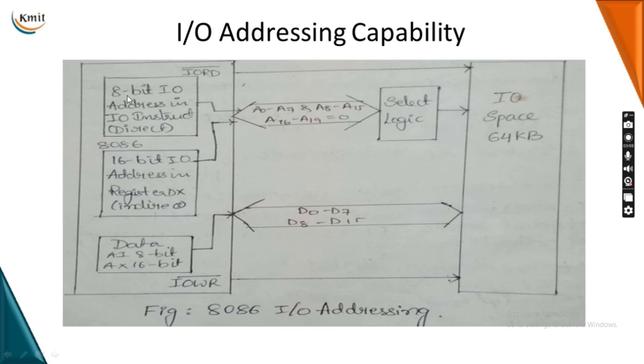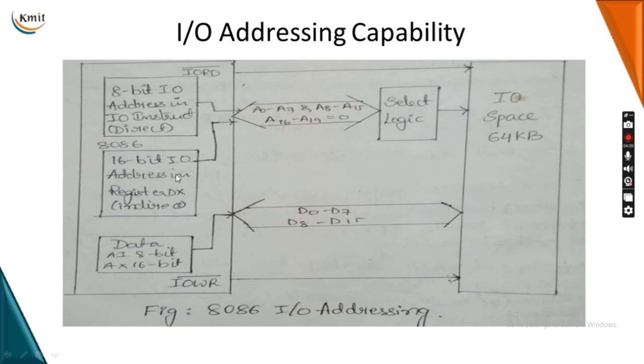If you are going for 8-bit, it will go to the lower order bank, or we can call it the even bank. And A8 to A15 will be equal to 0. Similarly, A16 to A19 should be equal to 0, because we are going for IO addressing, and IO addressing can be of only 16 bits. The remaining 4 bits will be 0.